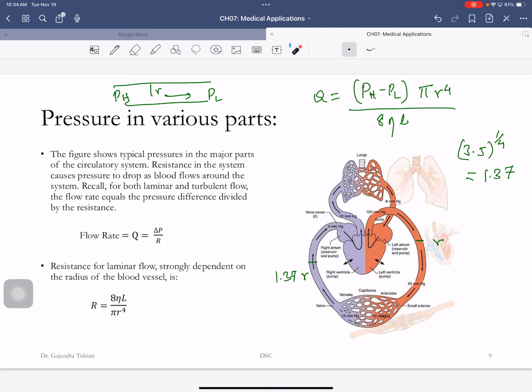So if fluid is collecting in your legs, that could be a sign of a weakening right heart.